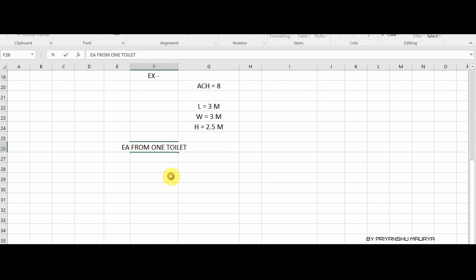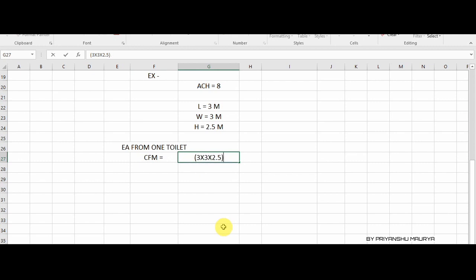Exhaust air from one toilet, CFM, is equal to meter cube, that is 3 into 2.5, into ACH, which is 8, divided by 1.7.